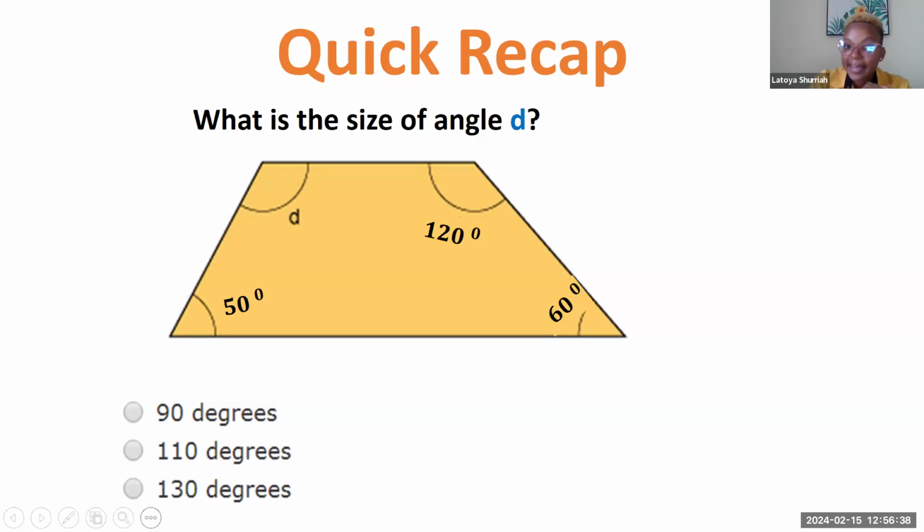Is that Aline, with a raised hand? Yes, miss. Okay, go ahead, sweetie. So I chose 130 for my answer because all the angles in the quadrilateral should equal 360, and 120 plus 60 plus 50 is 230. So I subtracted 230 from 360 and got 130.